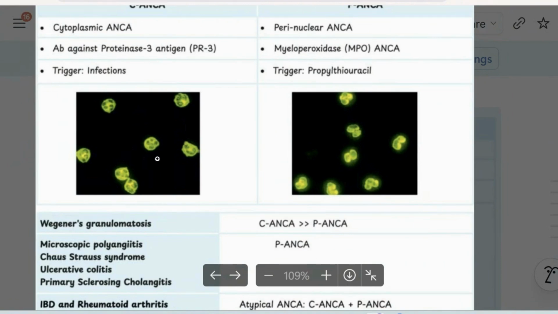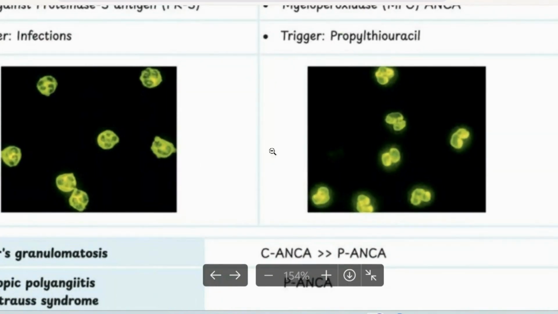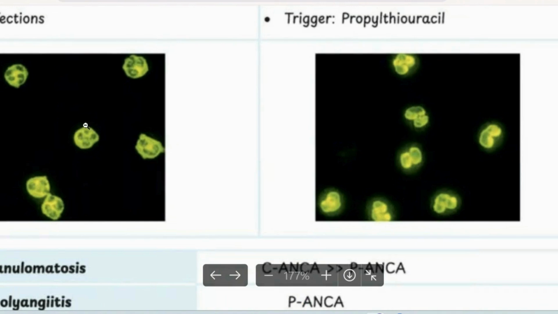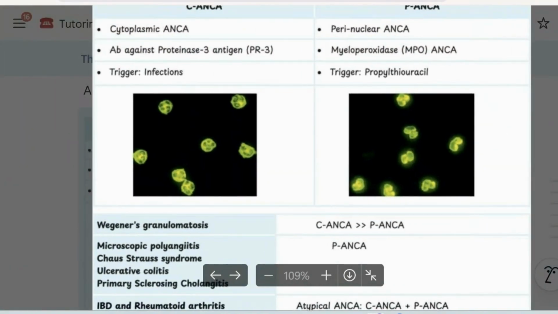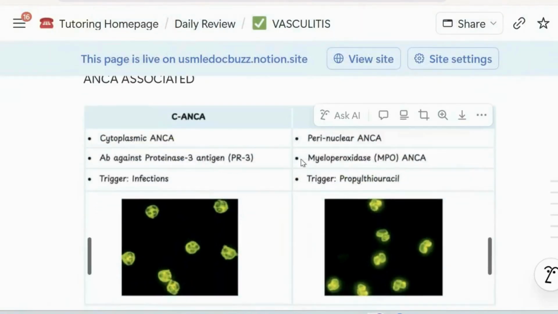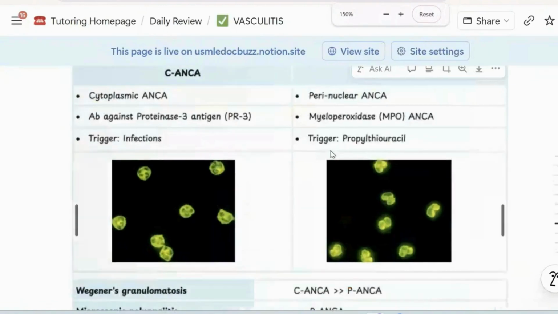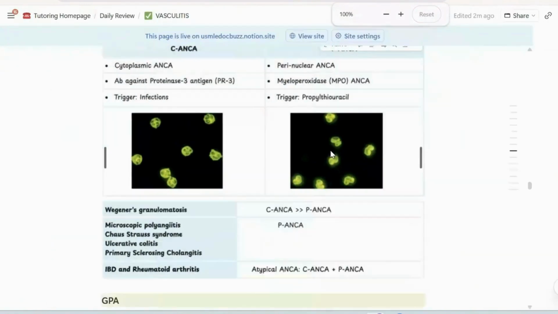Whereas the cytoplasmic ANCA, I want you to look at the difference here. The entire cytoplasm is involved. Here, not the entire cytoplasm, right? Here, the entire cytoplasm is involved. So that's why this is a C ANCA and this is a P ANCA. Okay? So we understand the histological difference between C ANCA and P ANCA.